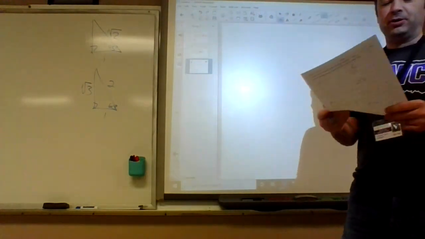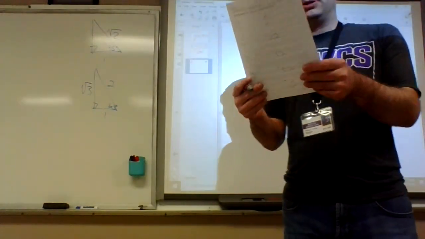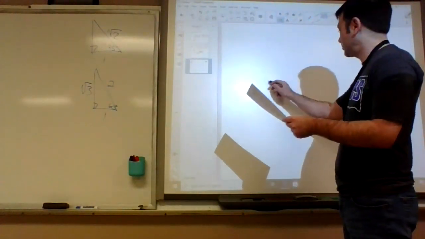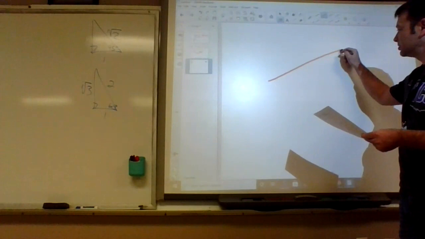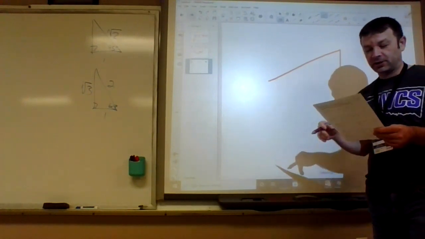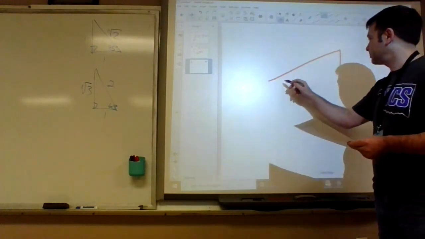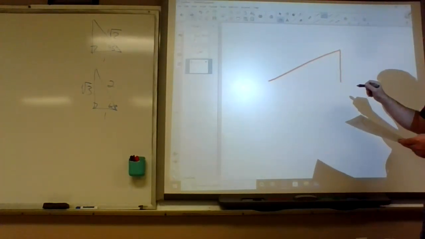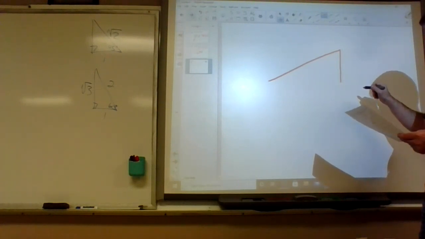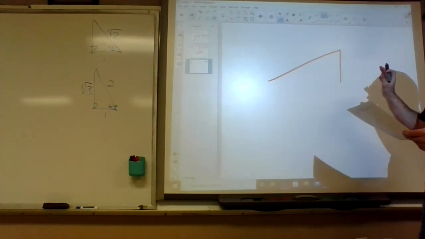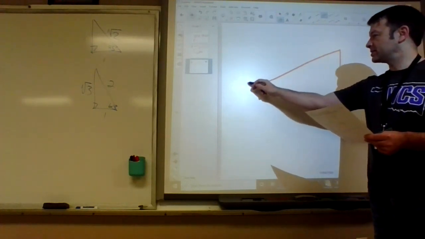Okay. Number 3. A ramp is to be placed from a loading platform to the back of a truck. The truck can get no closer than 3 feet. So it's gonna be 3 feet. This is the loading platform.